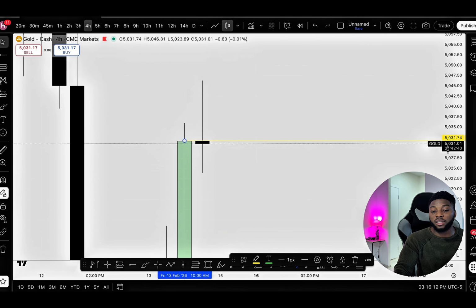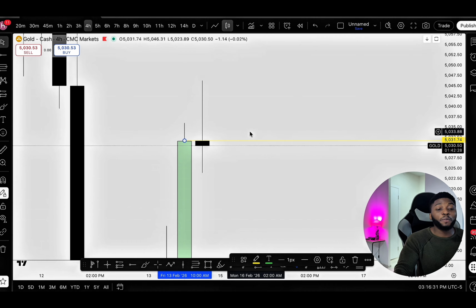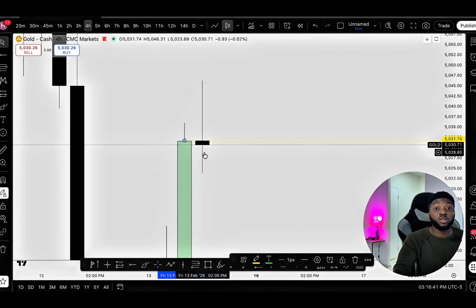And we have this timer counting down the closure of each candlestick. So whenever you see it, you know that we have 1 hour 42 minutes to go for this candlestick to close. Within the 2 hours to come, there's a likelihood for this candlestick to either come here and create a new high, or come here and create a new low, and then finally decide where it's closing. So for now, we don't know where it's closing.